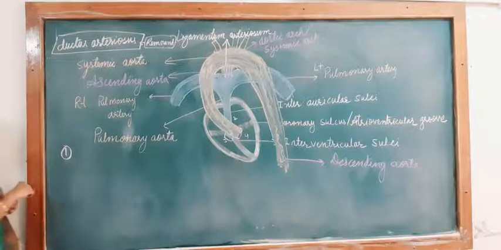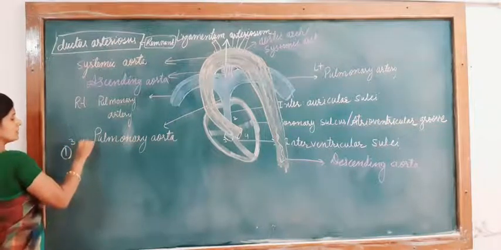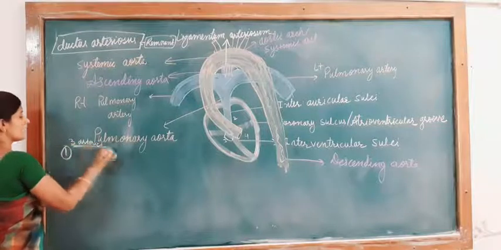The aortic arch gives three arteries. What are those three arteries?